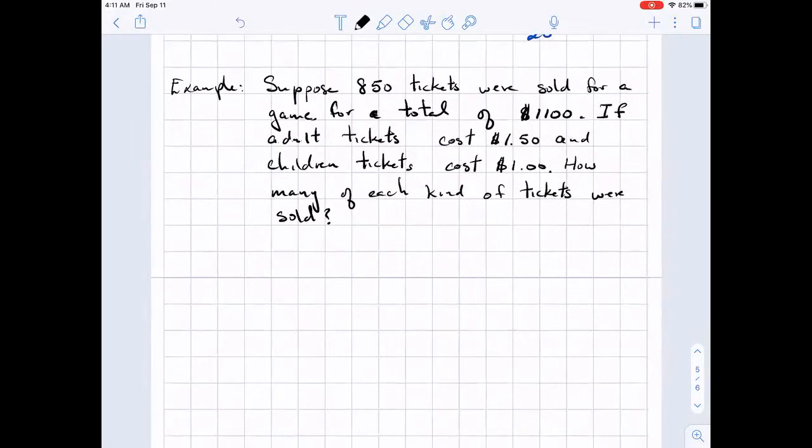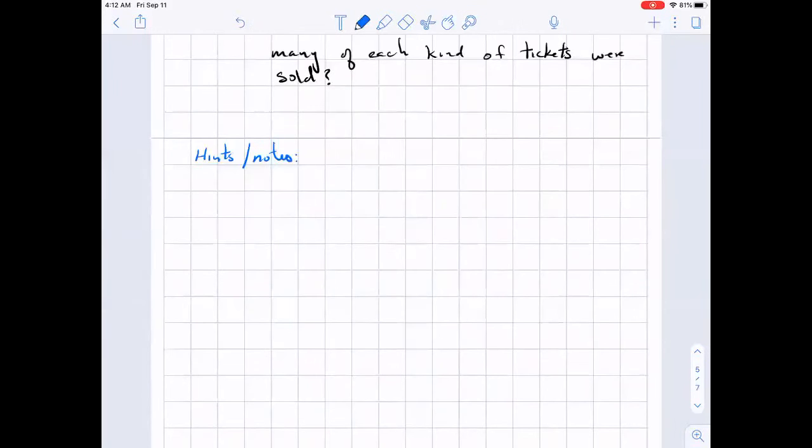So try to read this maybe one, maybe two, maybe three, sometimes four more times. And as you start to read it more than 2 or 3 times, you can probably start to make notes. Give that a minute and let's see how it works. So we're saying that the total number of tickets is 850.